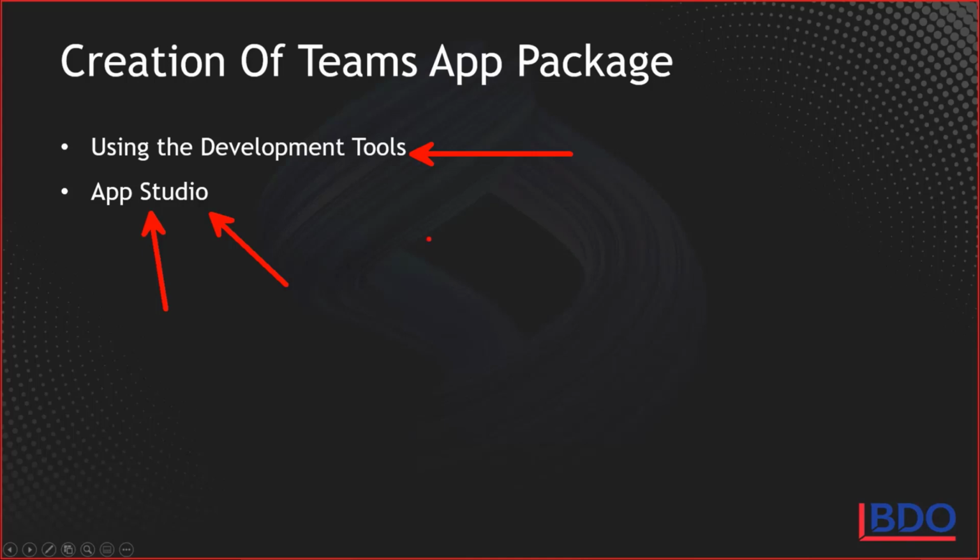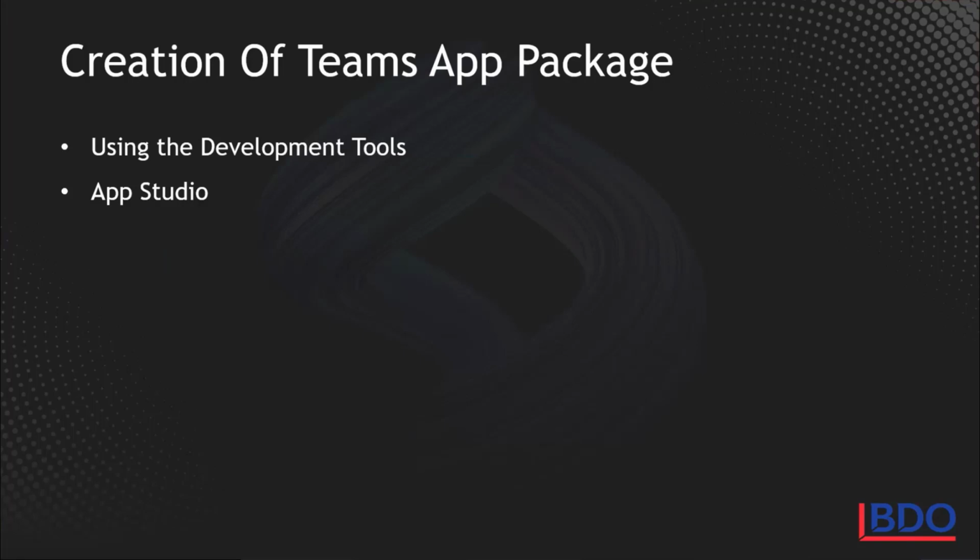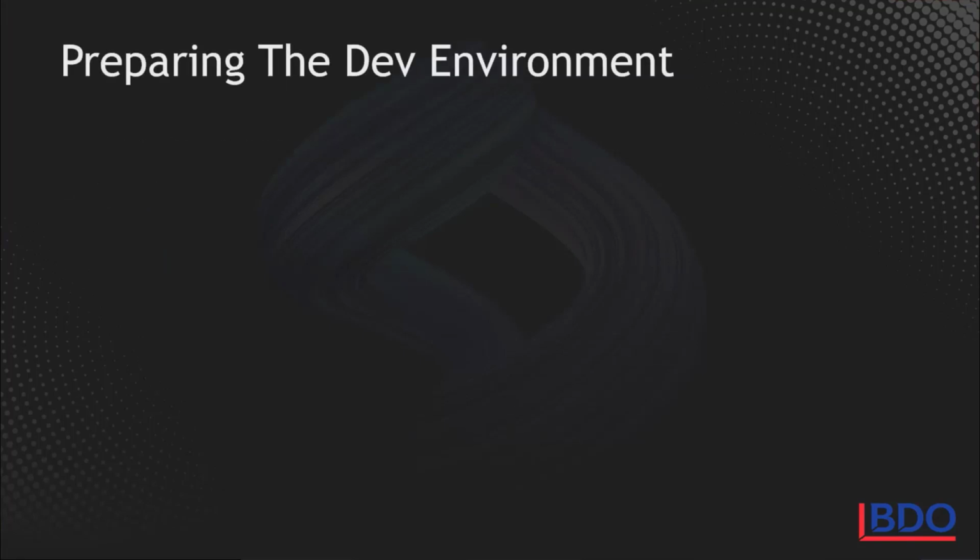In order for us to develop on Microsoft Teams, we'll need to prepare our environment, right? We'll need to have a development environment in order to start developing for Microsoft Teams. And one of the things that we'll need to use is something called side loading.